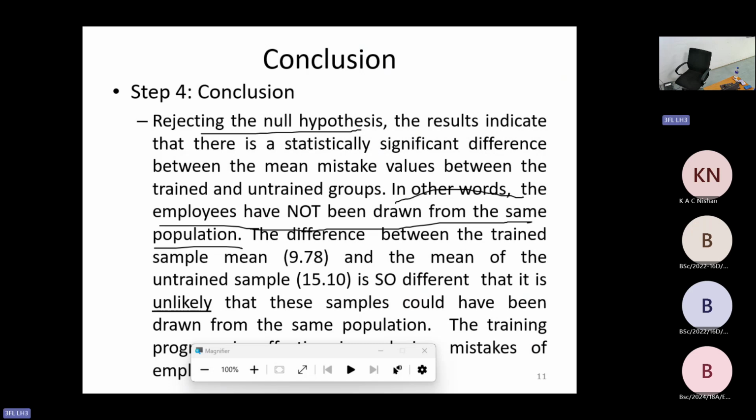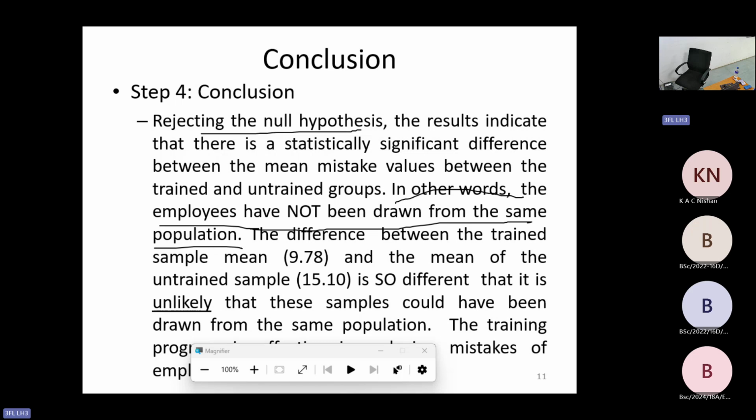So in that case, what are you going to do under the decision criteria? Decision criteria step number 2. What's the step number 2 decision criteria? If the p value is less than 0.05, what? Reject. So what are you going to do? Reject. So that's what I have written here: rejecting the null hypothesis. Why?